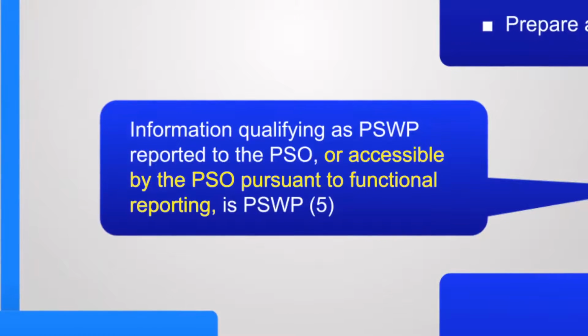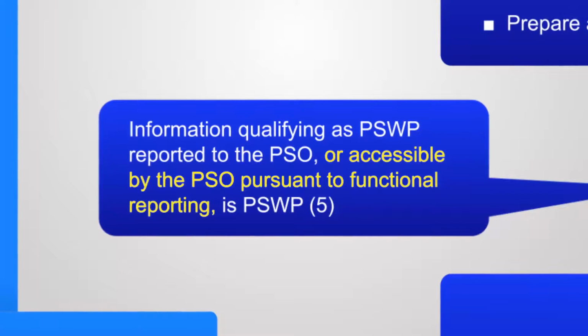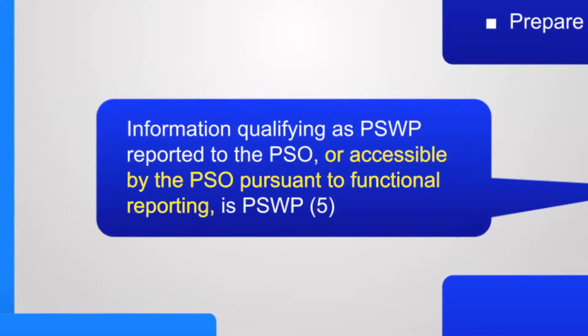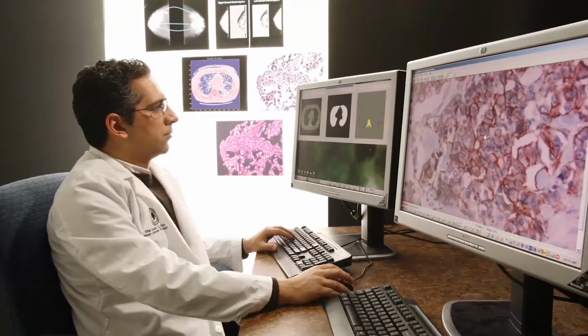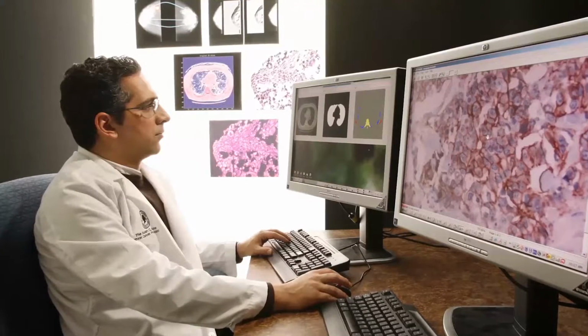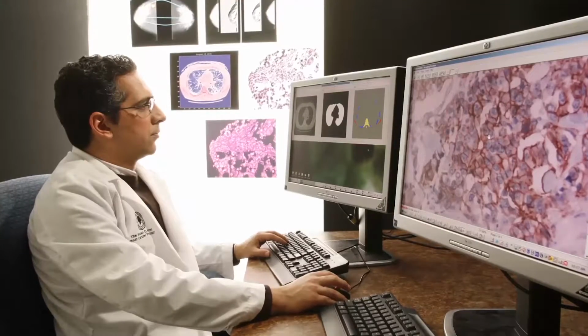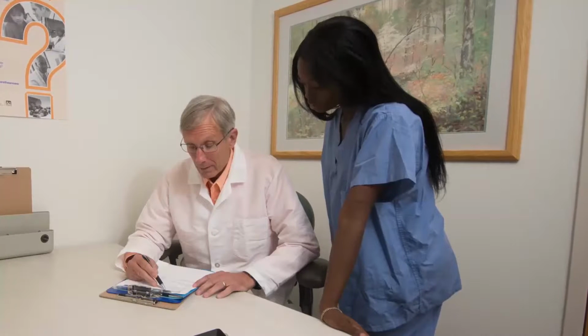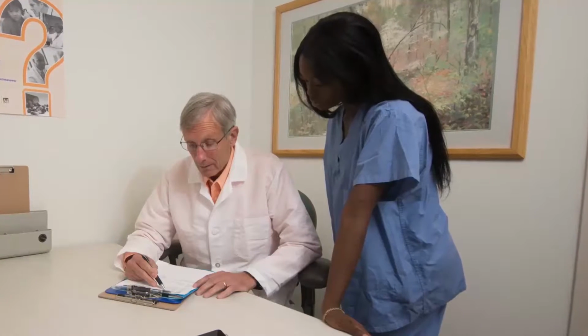Under this approach, information is reported to the PSO at the moment that the information in the provider PSES is accessible to its PSO. For example, a provider could give a PSO access at all times to data on a specific server in its PSES. Or a paper-based provider might simply designate a room in the provider's facility to which the PSO has 24-hour access.